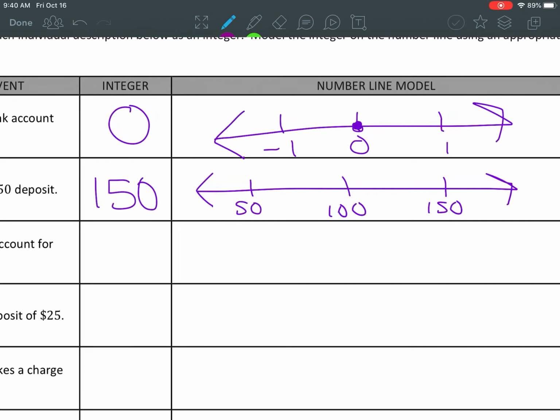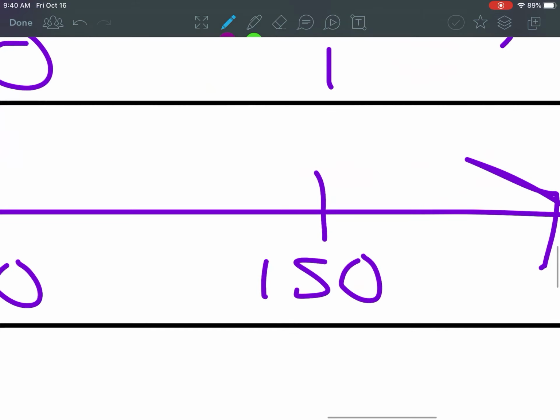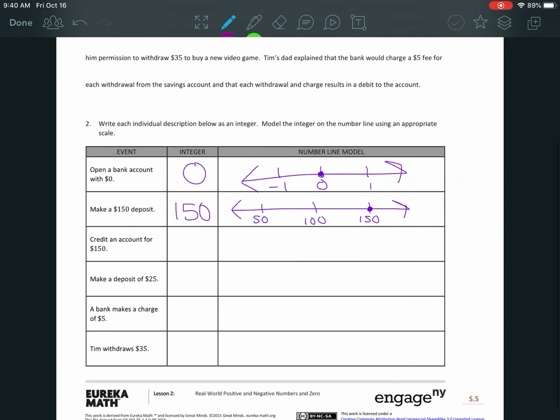So when I make a number line, I don't always have to have 0 in the middle. I don't always have to start with 0. I can start wherever, as long as I'm consistently counting by the same number. So up here I was counting by ones, but here I'm counting by 50s. I could have counted by 25s. I could have counted by 2s. I could have counted by 1s. But I chose to count by 50s. I'll put my dot on 150.